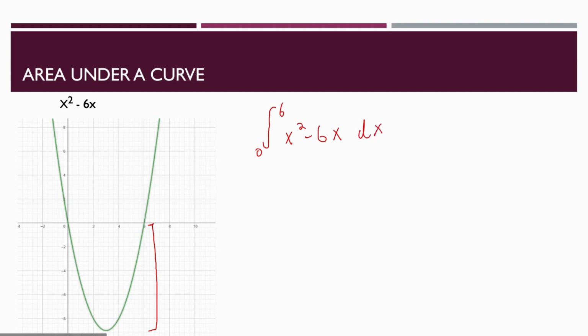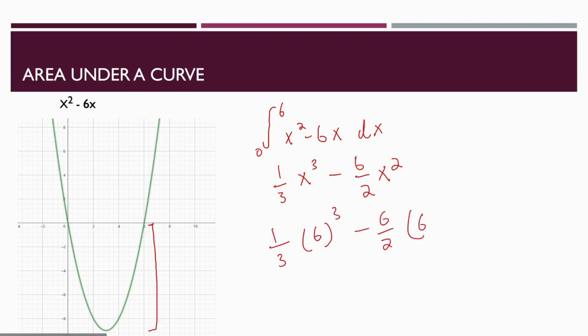Alright, so now let me integrate: it will be 1 over 3 x cube minus 6 over 2 x squared. Alright, and now you just need to input the values into this. So 1 over 3 into 6 cubed minus 6 over 2 into 6 squared.